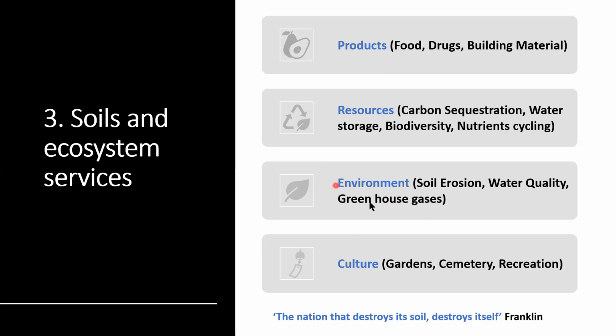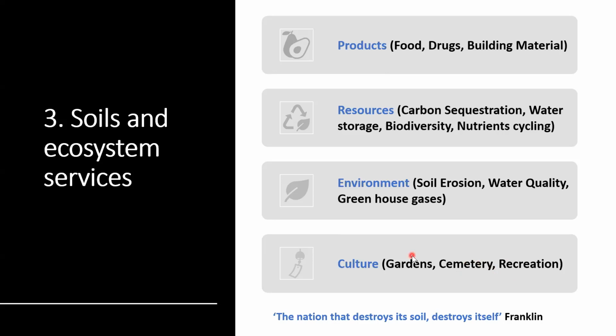That is the ecosystem service. Greenhouse gas emission is related to the interaction of the environment and the soil. Of course, when there are more greenhouse gases, there will be a negative effect on the environment. Then there is culture: the garden, the cemetery, and recreation.